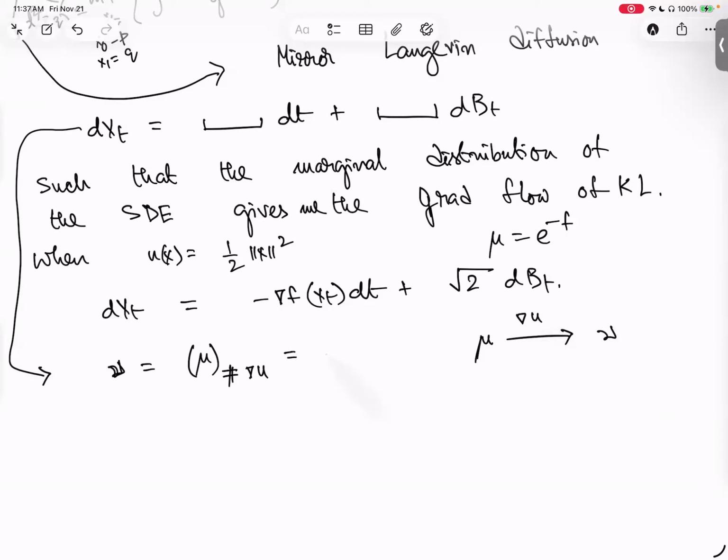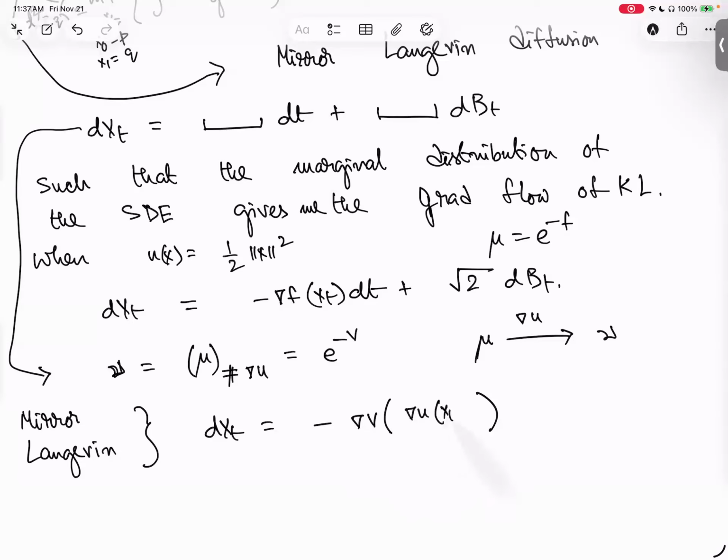And suppose nu is e to the power minus V. In that case, for this new mirror Langevin diffusion, I would get dX_t equal to minus gradient of V applied to the gradient of U of X_t dt plus square root of 2 the Hessian of U of X_t dB_t.